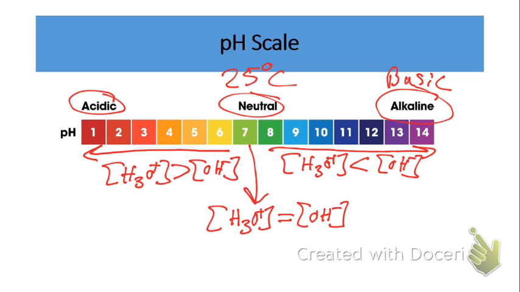Now, the other thing about these numbers is what do they mean exactly, being based on a log base 10 scale? Well, as we move from one number to another number, it changes by a 10-fold. All right. So for instance, if we go from a pH of 4 down to a pH of 3, that's going to be a 10-fold increase in the hydrogen ion concentration.